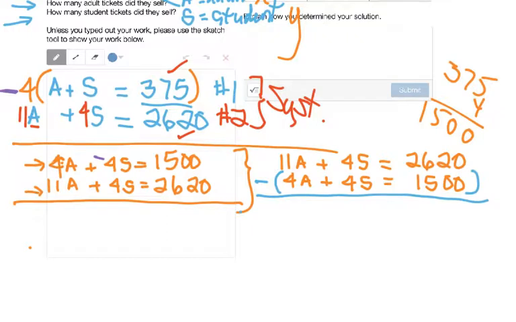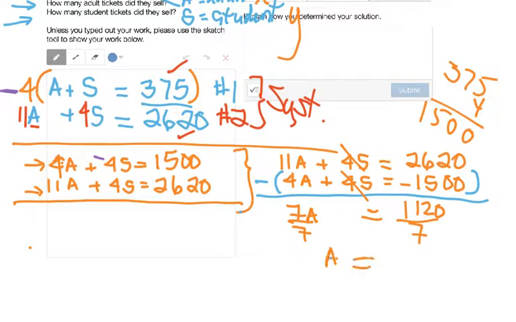So now I'm going to subtract. 11 minus 4 is 7a. 4s minus 4s is 0. And now I'm going to subtract 2620 minus 1,500, and I get 1120. Divide both sides by 7.